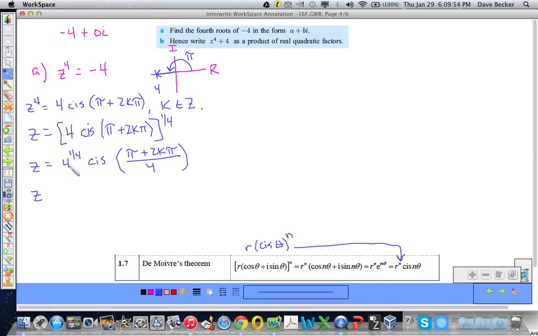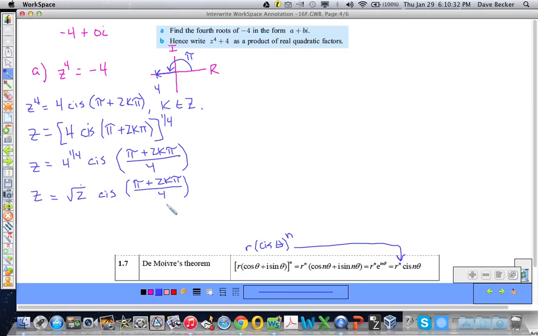So 4 to the 1/4 is equivalent to 2 to the 1/2, is it not? Or square root 2. So I'm running out of room, so I'm going to rewrite that as square root 2, cis of pi plus 2k pi over 4.